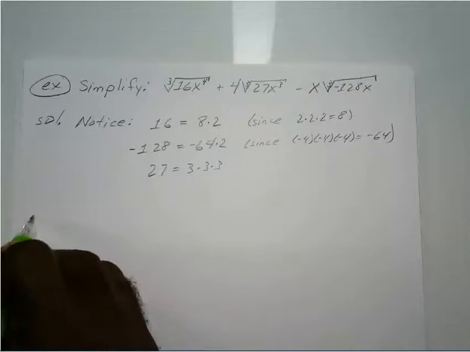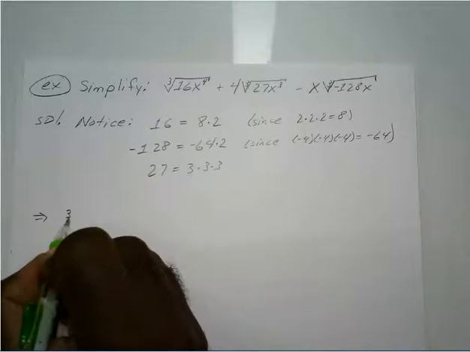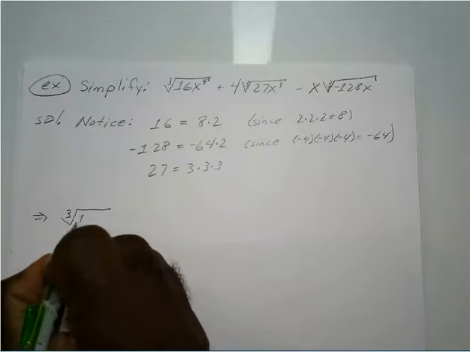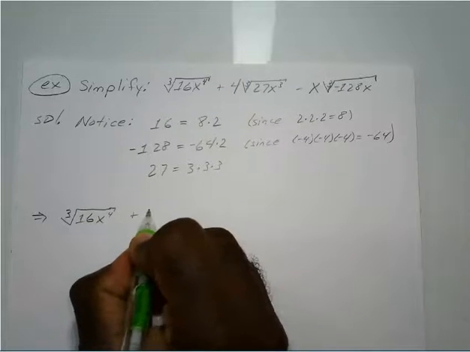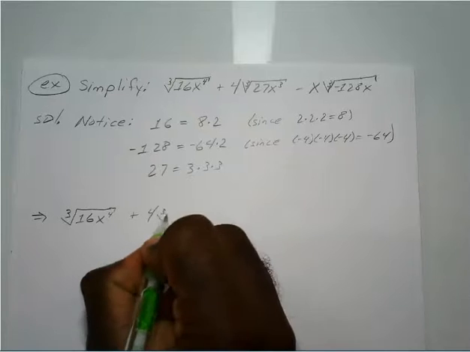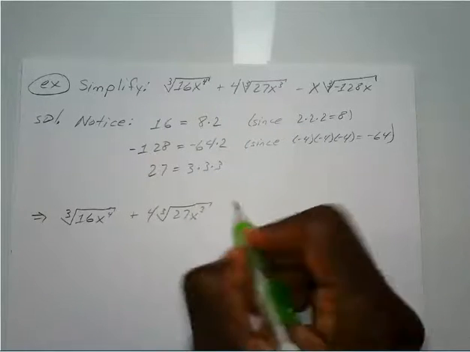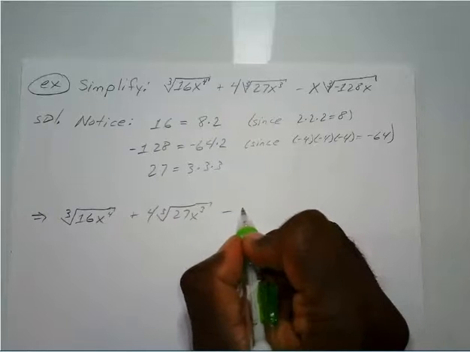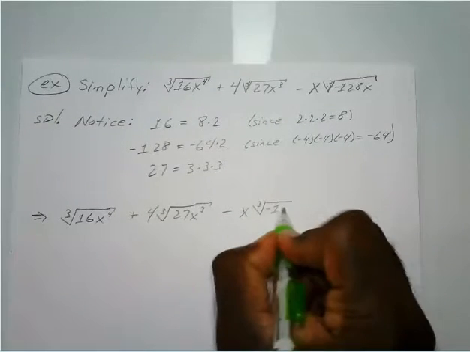Alright, so we're going to go ahead and rewrite it. So we have the cube root of 16x to the 4th power plus 4 times the cube root of 27x to the third power minus x times the cube root of negative 128x.